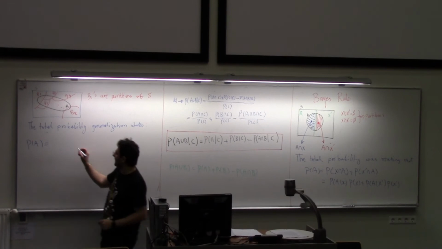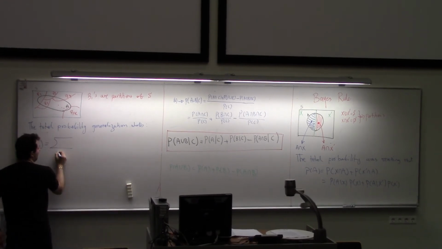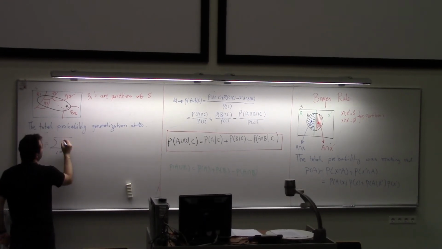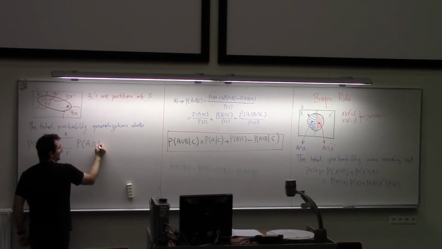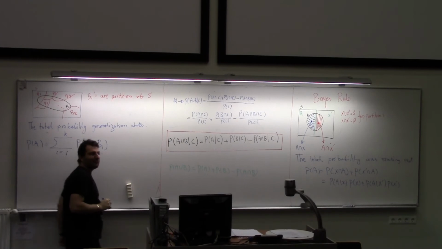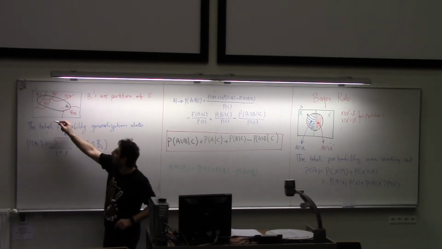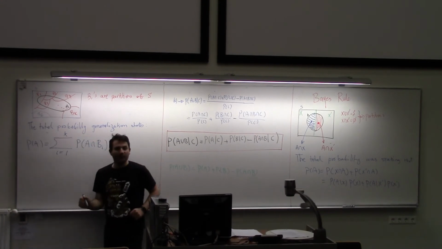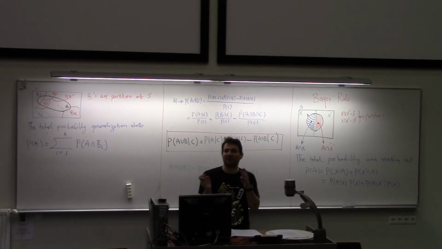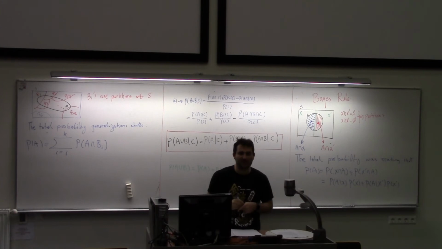So it is the sum over i from 1 to K of the probability of A intersected by Bi. And we understand that there might be a partition, let's say B6, which doesn't have any intersection with A, which means the probability will be 0 in there.